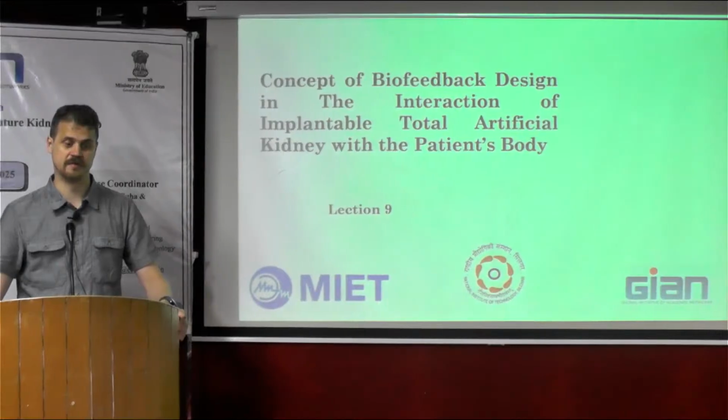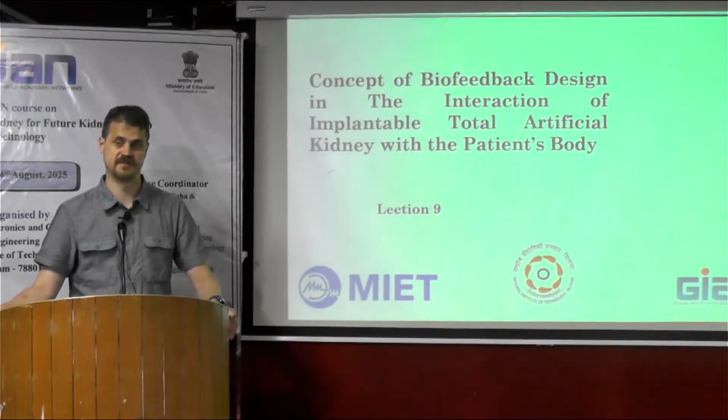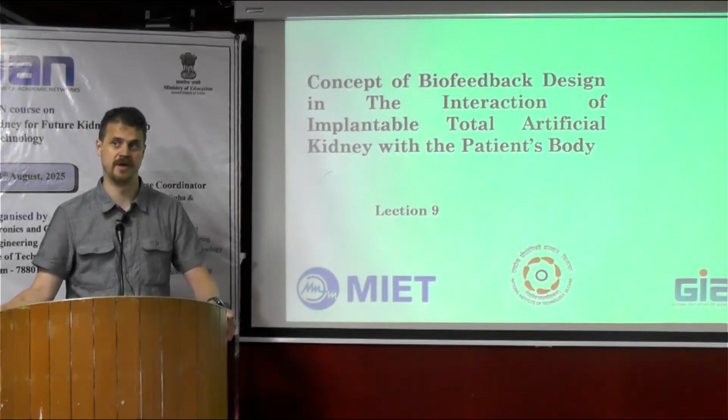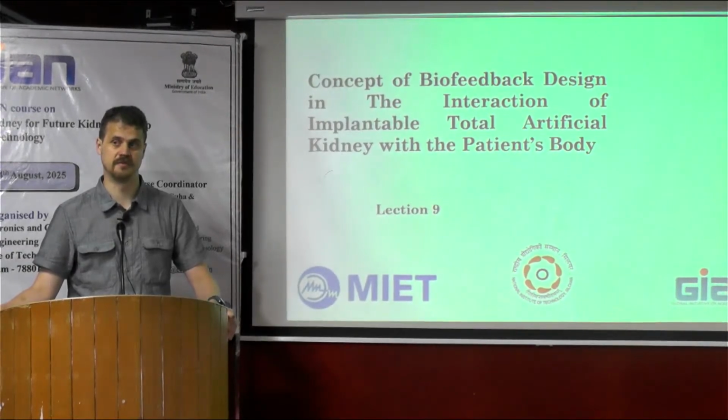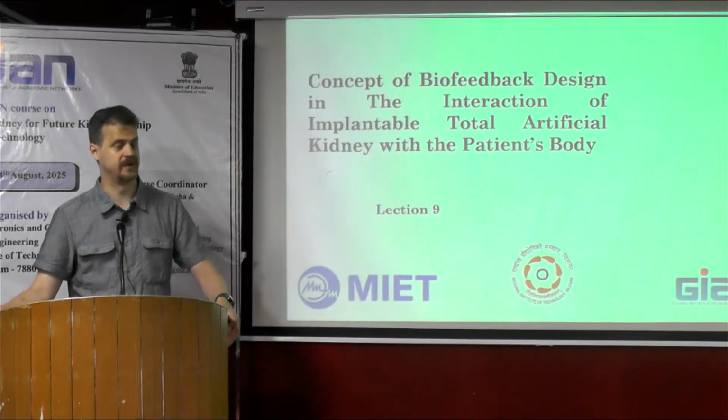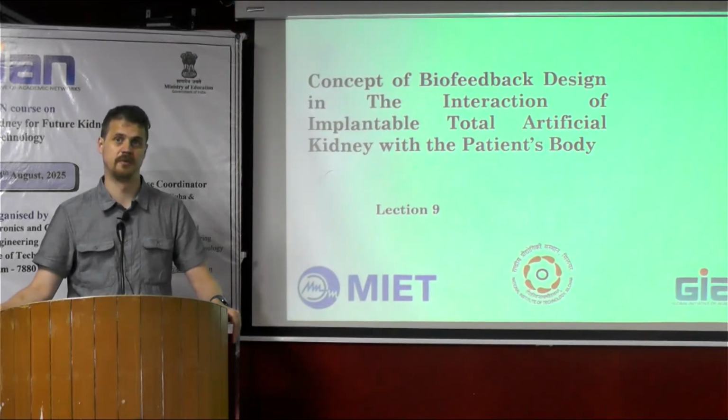Because in the case of renal replacement therapy, it's crucial to evaluate the efficiency of the method in terms of blood filtration. Just a small reminder from the previous lectures: the core idea of the implantable artificial kidney is not just to imitate the native nephron, but to get closer to constant blood filtration, just like in natural kidneys.